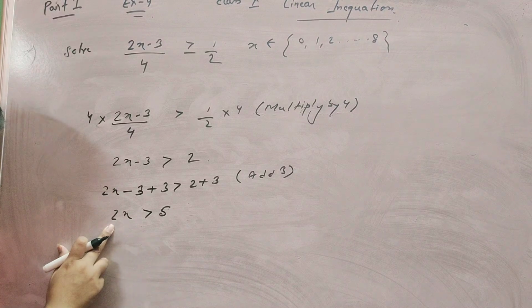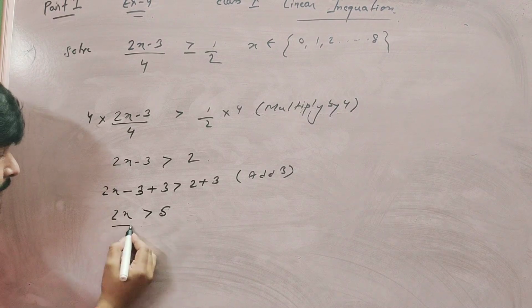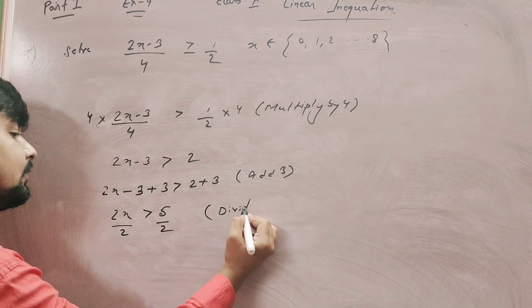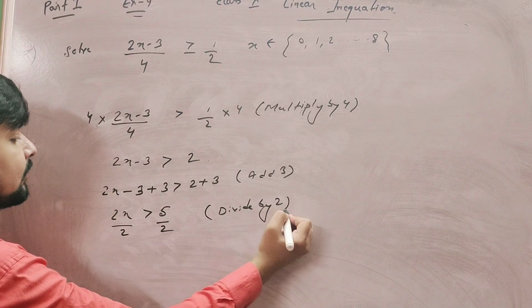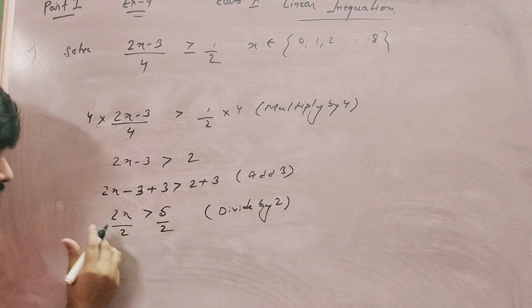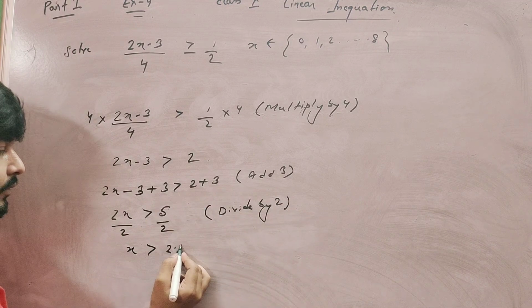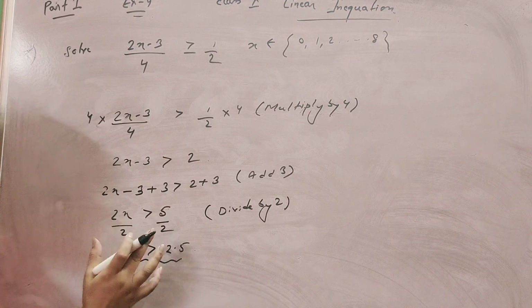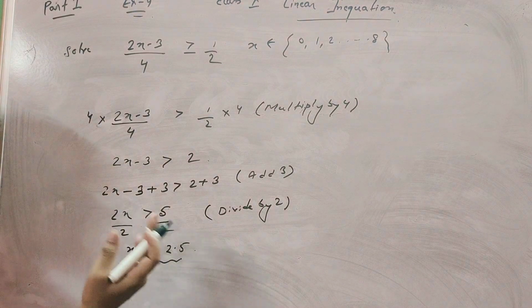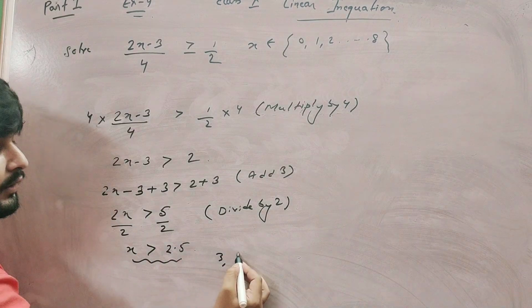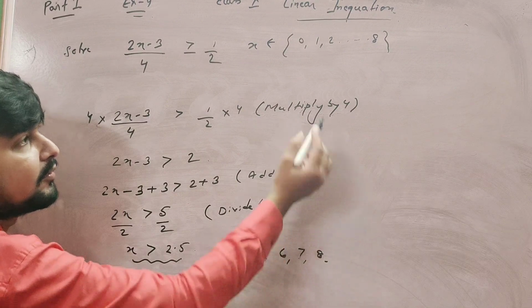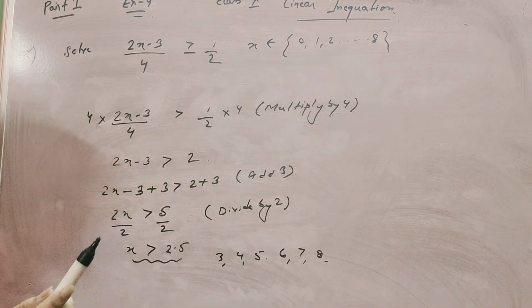When we divide by 2 here, we divide by 2 also here. So what do you get? The value of x is more than 2.5. So more than 2.5 is 3, 4, 5, 6, 7, 8, because x belongs to up to 8. Okay, note.